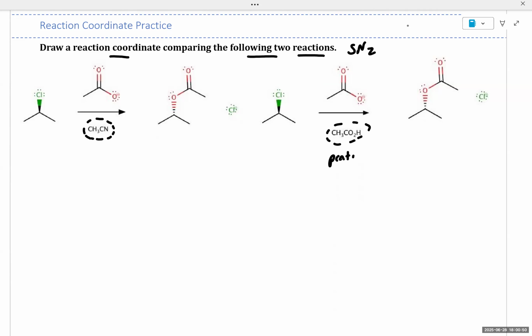So here we have a protic solvent versus an aprotic solvent. Take a few moments with that initial observation in mind, and draw a reaction coordinate for each of these two SN2 reactions and compare them. Pause the video and we'll discuss momentarily.